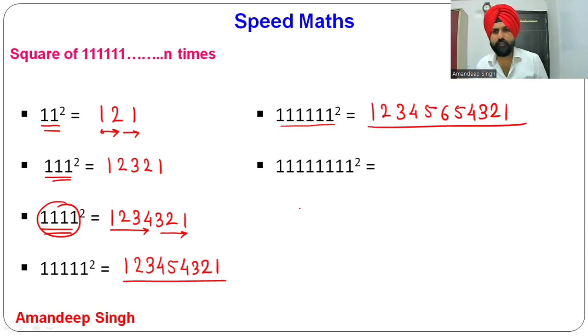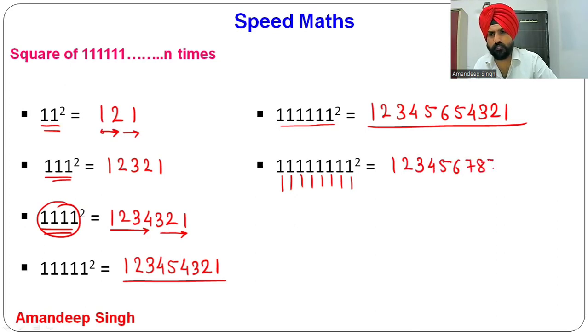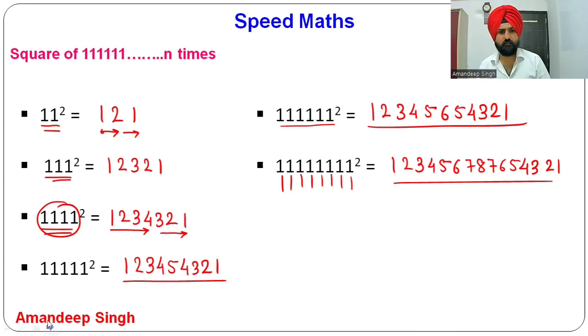I hope that's easy. So here, how many times do we have 1? 1, 2, 3, 4, 5, 6, 7, 8. So I will write 1 to 8, then go back to 1: 7, 6, 5, 4, 3, 2, and 1. That's my answer. Very easy.